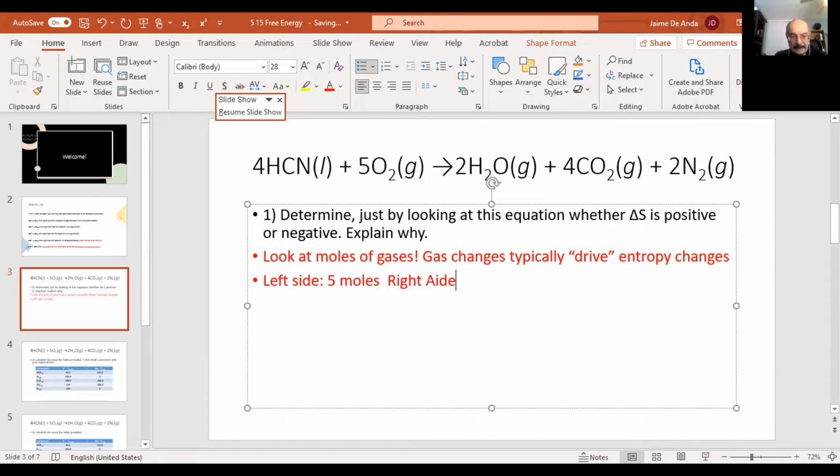And then on the right side, you have 2 of water, 4 of CO2, and 2 of nitrogen. So that's 8 moles.